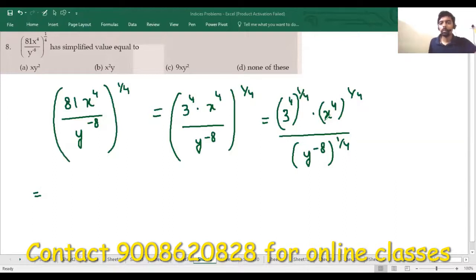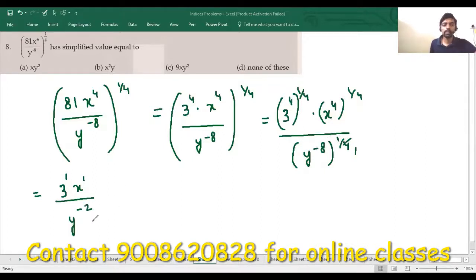Now, when there are more than one exponent, what you will do? You will multiply that, correct? So 3 to the power, multiply this guys, 4 into 1 by 4. So 4 and 4 will get cancelled. You'll get 3 to the power 1. So here also same, 4 and 4 will get cancelled. X to the power 1 divided by y to the power. So 4 ones and then 4 twos are 8, correct? So we will get y to the power minus 2.